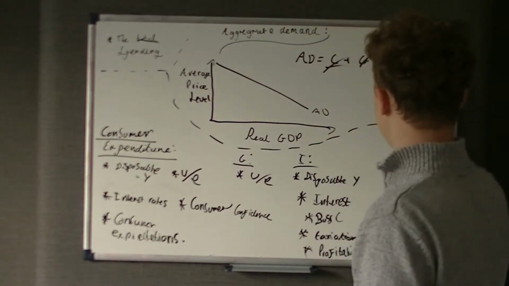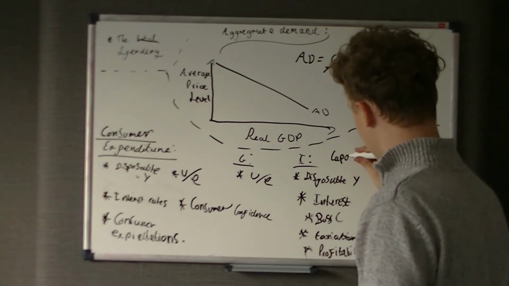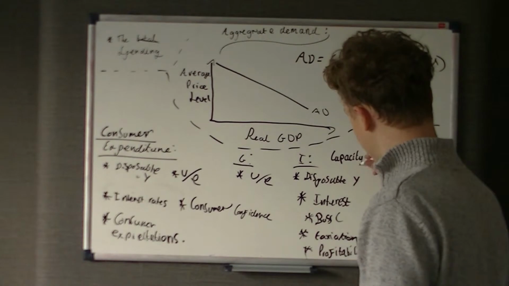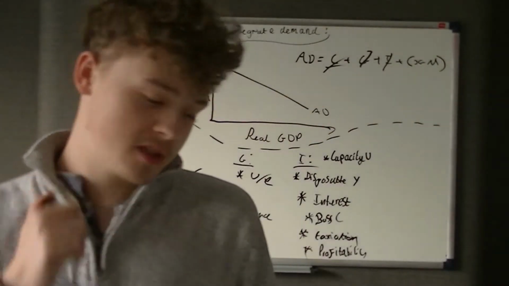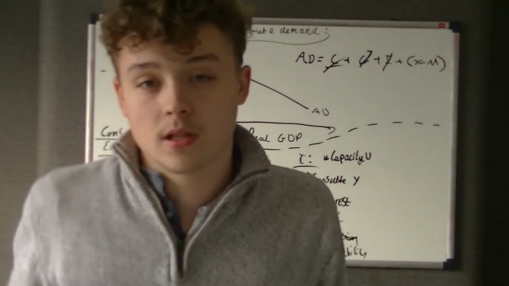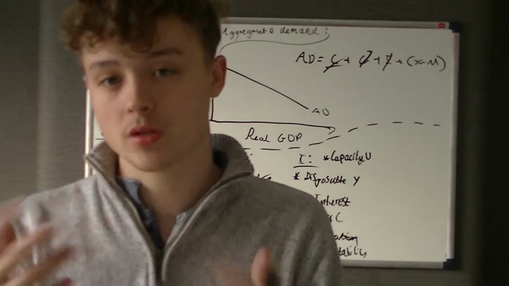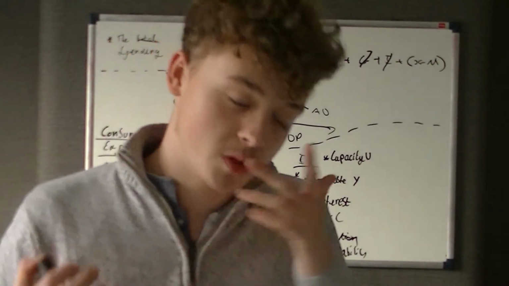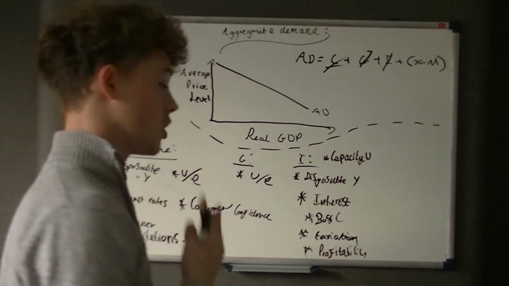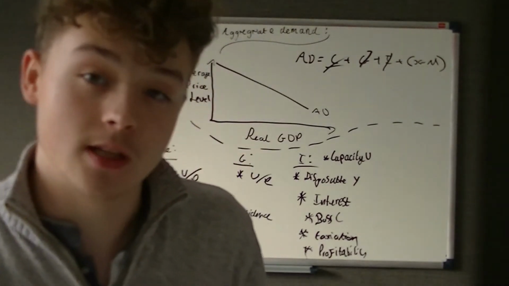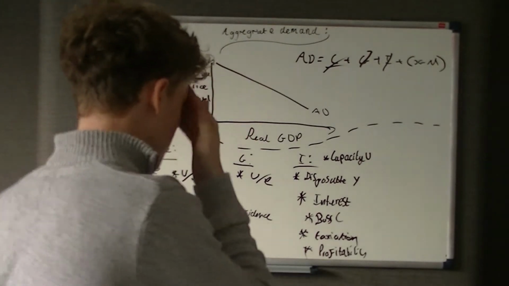Net exports. Oh wait, yeah, profitability and capacity utilisation. Sorry. Capacity utilisation is relevant, as if the business is at low capacity, say there are lots of unemployed workers and machines lying idle, they can simply employ them at a lower price, which is a bit like the Keynesian aggregate supply curve.